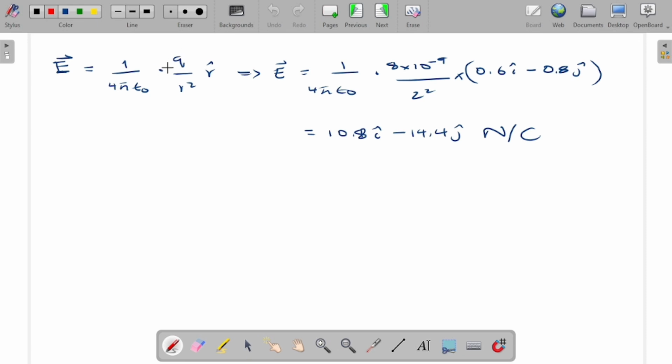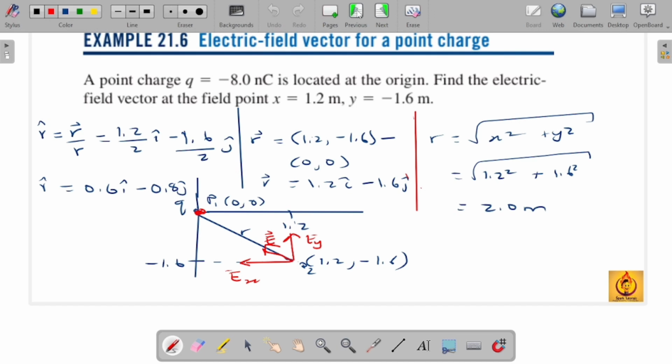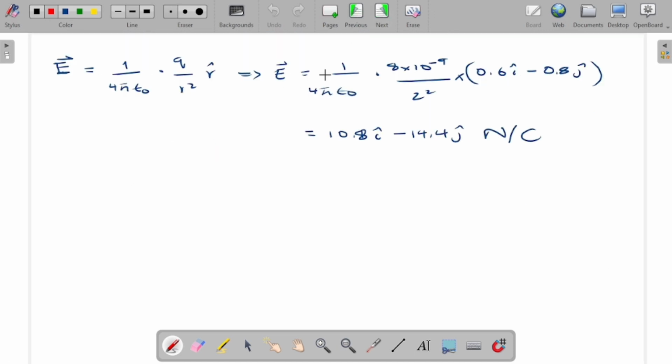Remember when we were calculating the electric force, we had the absolute values. Okay, so we don't take the absolute value when it is electric field, but when it's electric force, you take the absolute value.